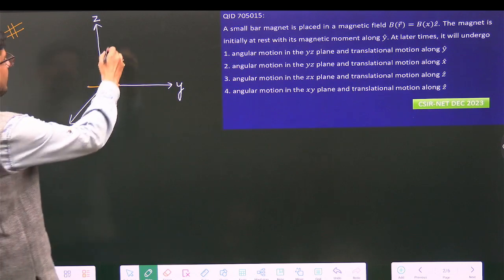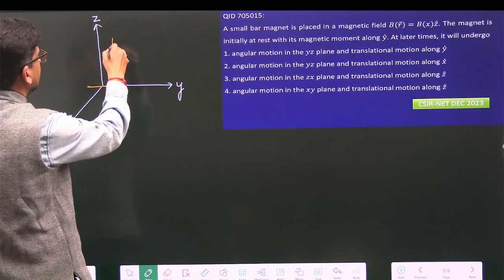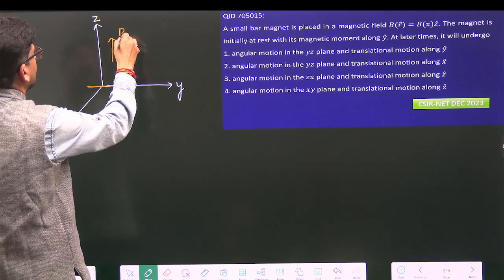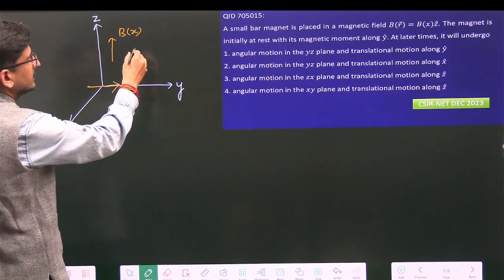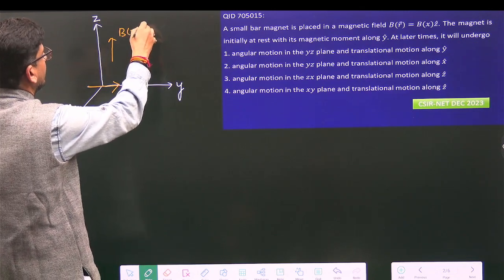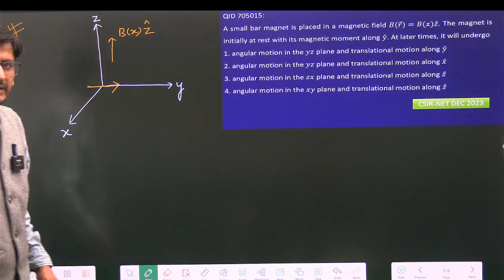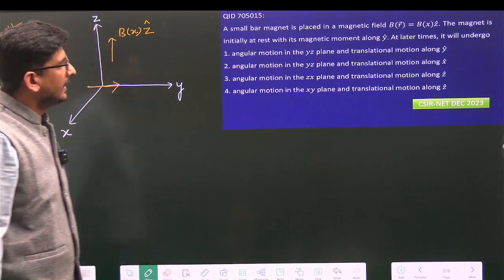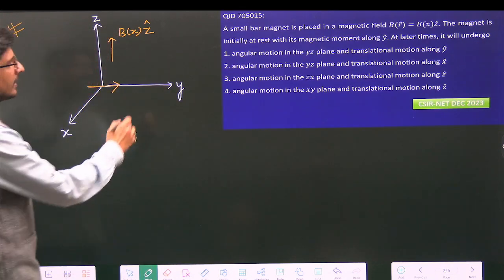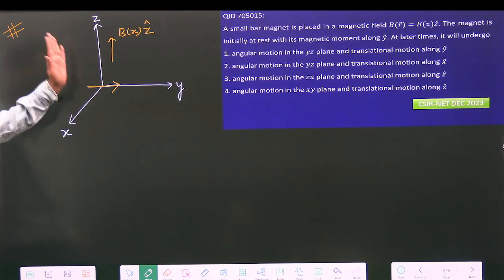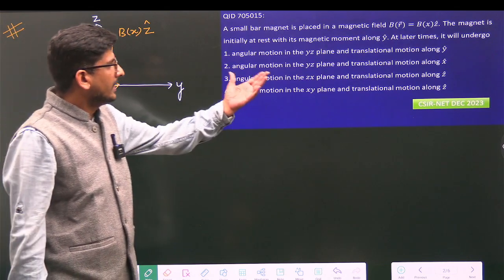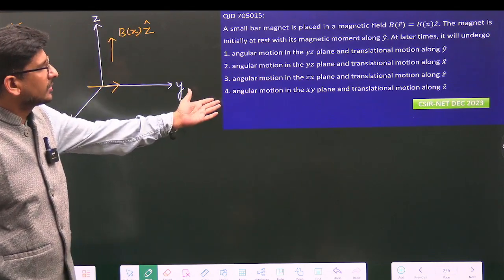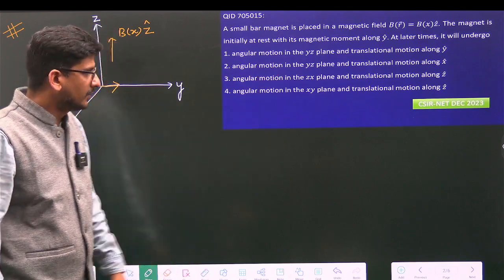And there is a magnetic field which is in the z cap direction, but this magnetic field is non-uniform because it is a function of x, so it is not a constant magnetic field, it is a non-uniform magnetic field, okay? So this is in z direction. Now they want to talk about angular motion as well as translational motion.